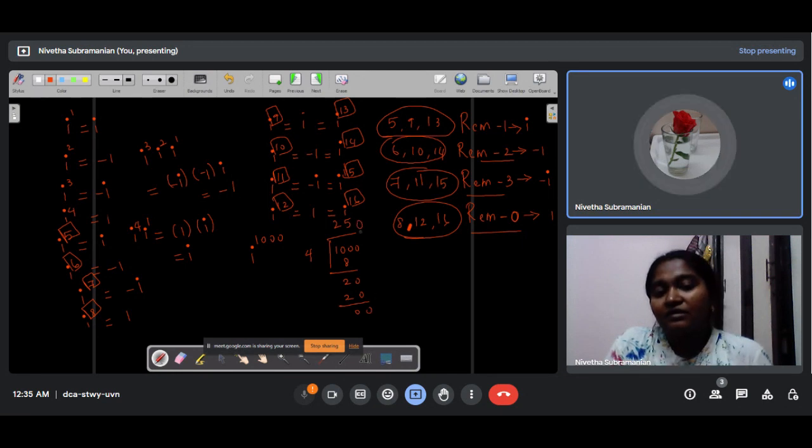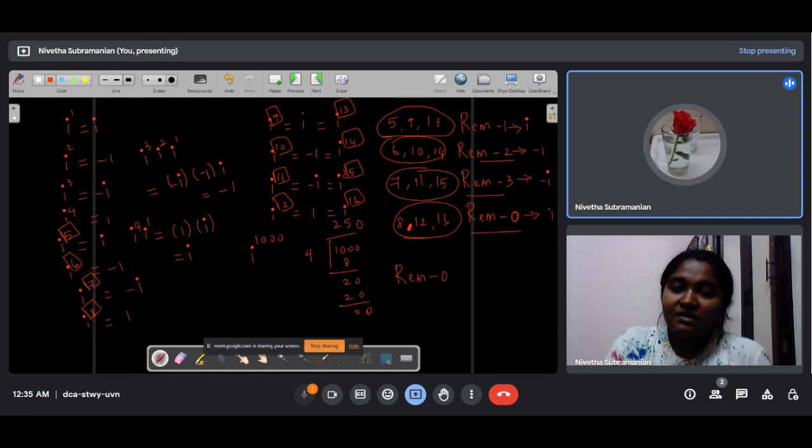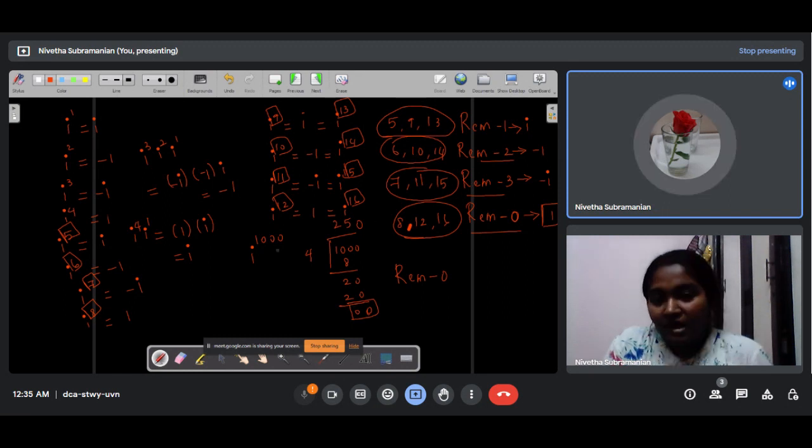So I'm getting the remainder as 0, right? So remainder is 0 means my answer will be 1. So please note it down. You need to check with the remainder, not the quotient. Okay. So i power 1000 will be 1.